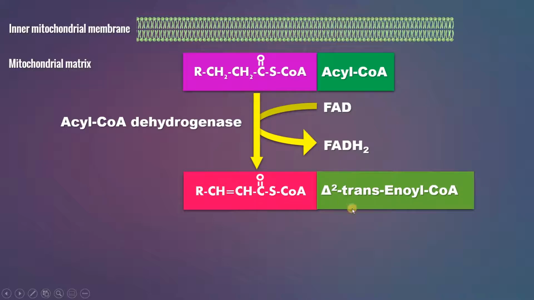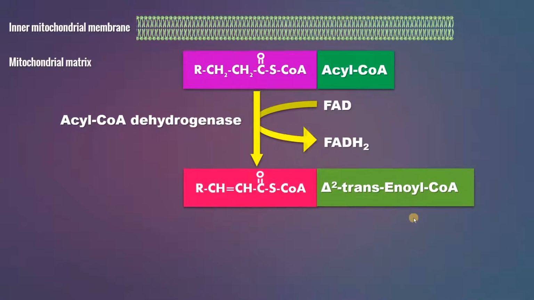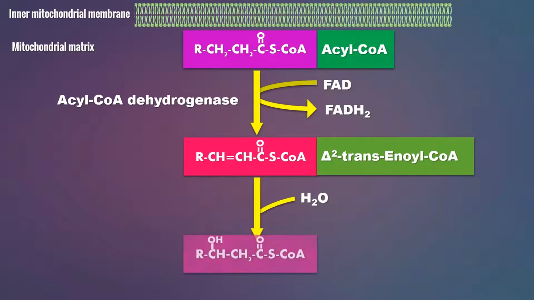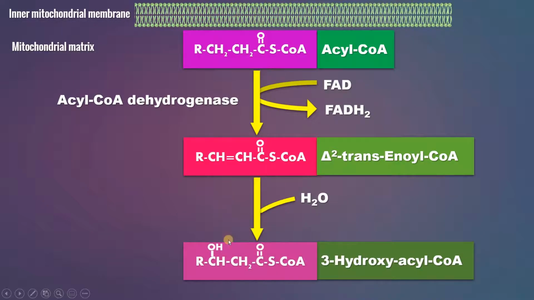Now this delta 2 trans-enoyl CoA undergoes saturation by adding water. Now the double bond becomes single bond here. You can see here. So water contains two hydrogen atom and one oxygen atom. This CH will become CH2, and here CH-OH group will be attached.